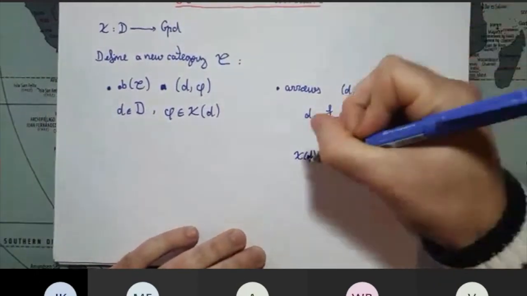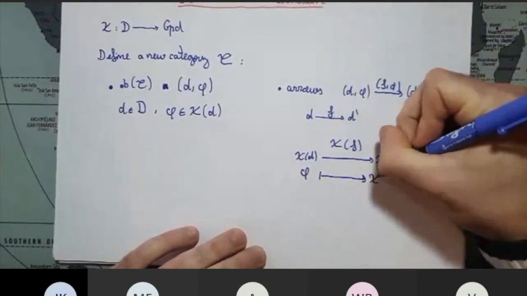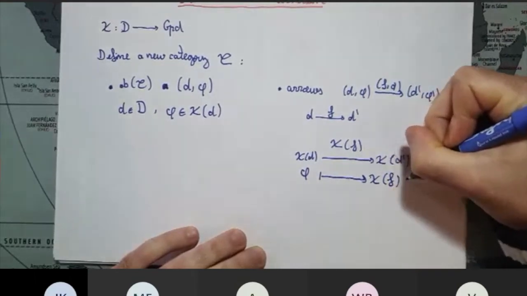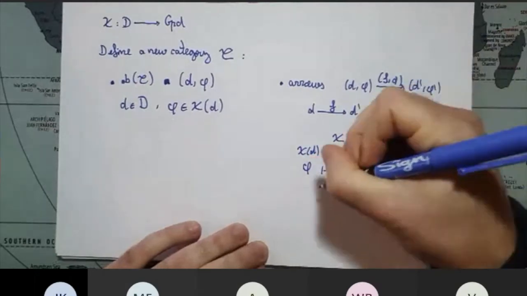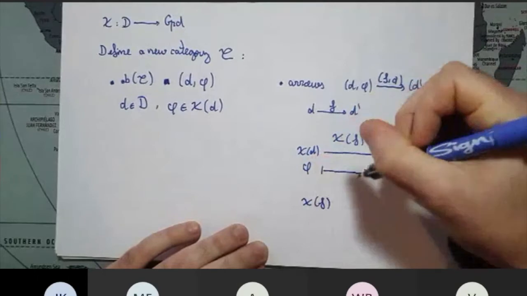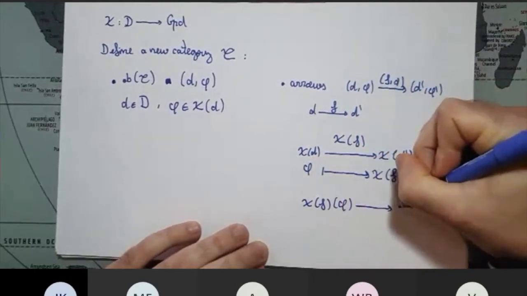So in particular, it takes phi to G of F of phi. Then alpha is an arrow from G of F of phi to phi prime.